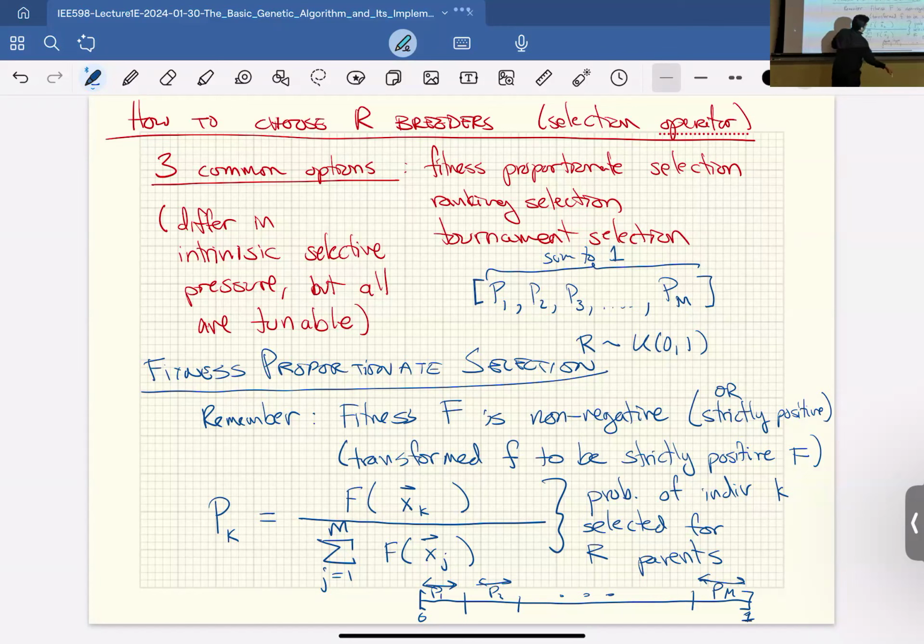If I draw a random number uniformly distributed between 0 and 1, it lands in one of these regions, and then I choose that parent to go into the breeding population. I do that R times. So just repeat R times.